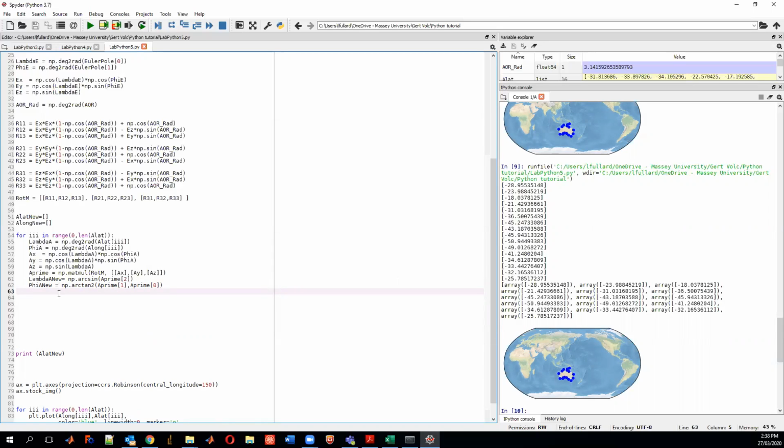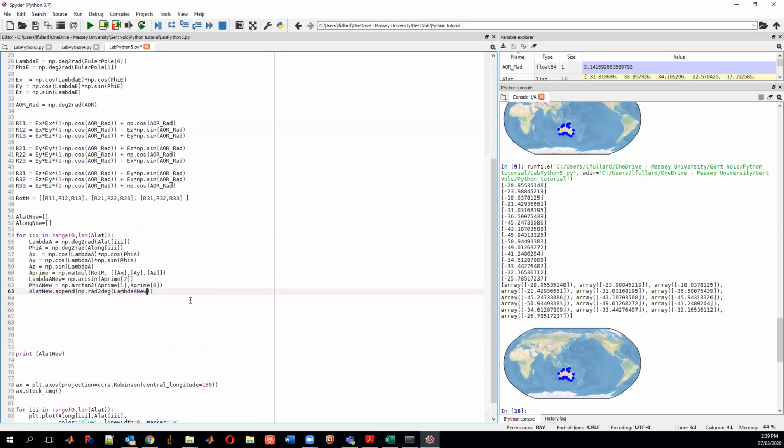We also want to convert these to degrees, right? Let's just append them in degrees. So let's go a lat nu dot append, bracket, numpy dot rad to degrees, so we're converting radians into degrees, of lambda A nu here.